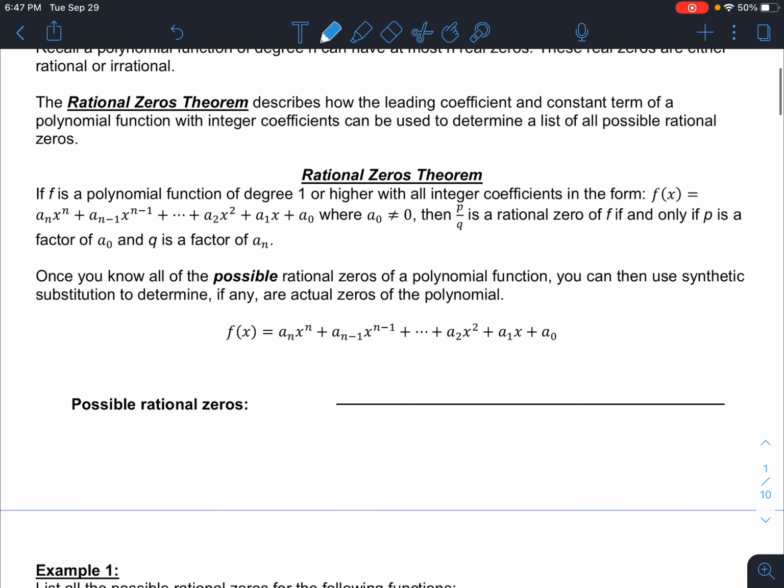You can see the rational zeros theorem basically saying if we have a function, then what we do is we make what's called a PQ list, a P over Q list. P is a factor of the constant A sub 0, and Q is a factor of the leading coefficient A sub n.